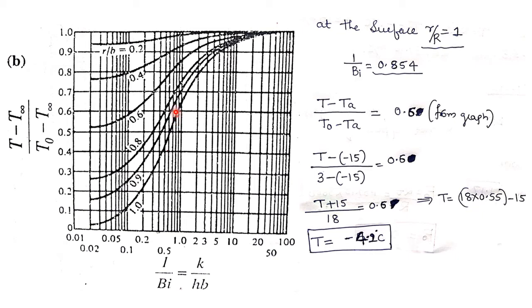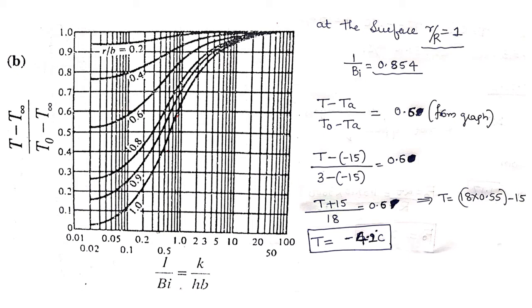From here I will move horizontally towards the left. So my value will be 0.6 from the graph. See here, this is 0.2, 0.3, 0.4, 0.5, 0.6, 0.7, 0.8, 0.85, and somewhere it will be nearer between 0.85 and 0.9. I move straight, and where this graph intersects, from there I move horizontally towards the left side.